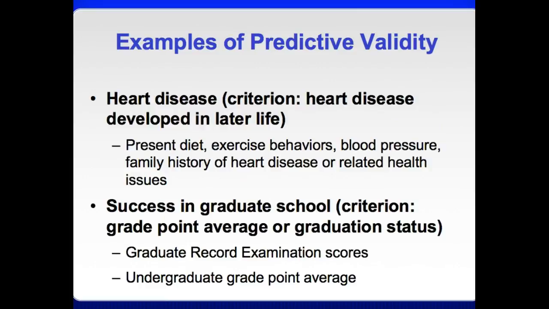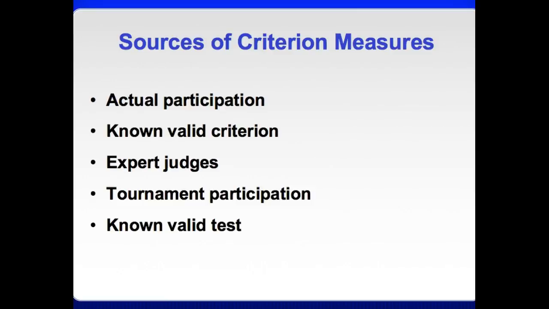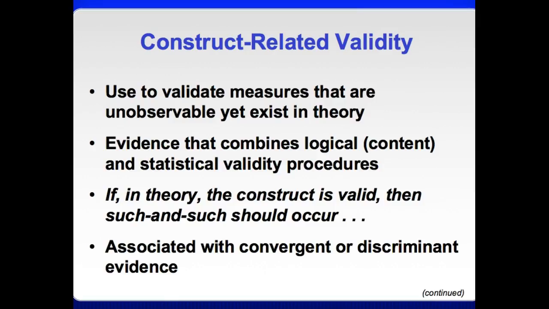Here's predictive validity: heart disease, success in graduate school, grade point average, or graduation status. And here are sources of criterion measures: actual participation, known valid criterion, expert judges, tournament participation, and known valid test.